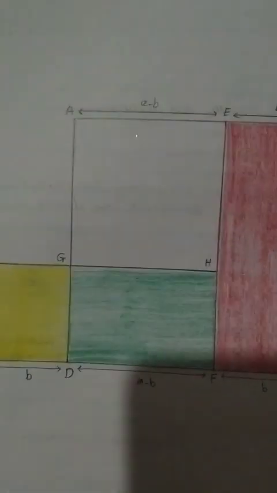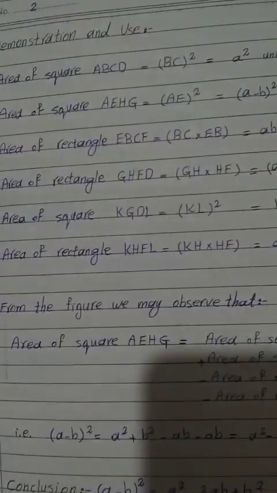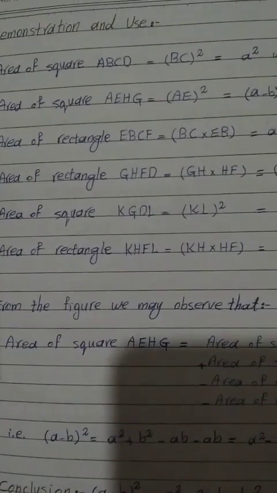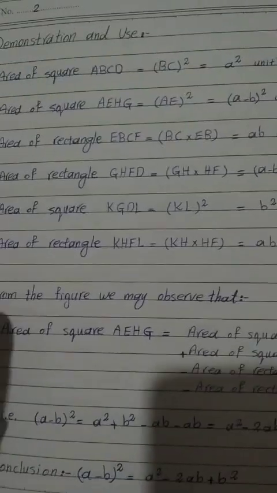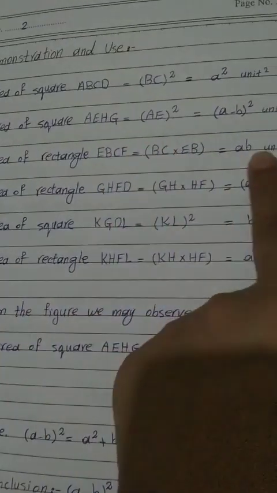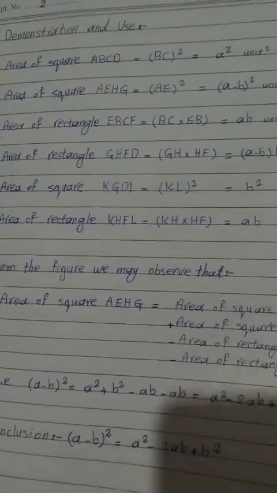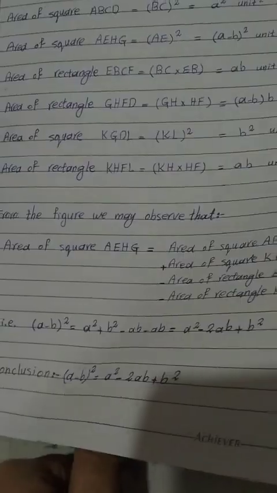Then there is another shape, and it shows you how to prepare it. Then you cut the papers, and it's going to prove it. Like this square size is this much, this square size is this much, this rectangle is this much, then we can prove that the formula comes out correct.